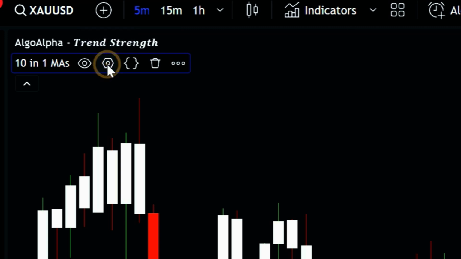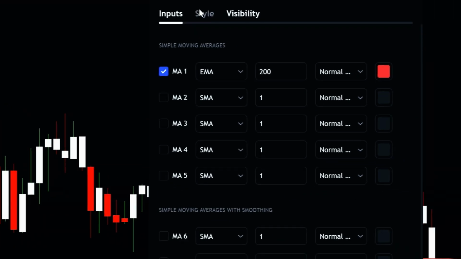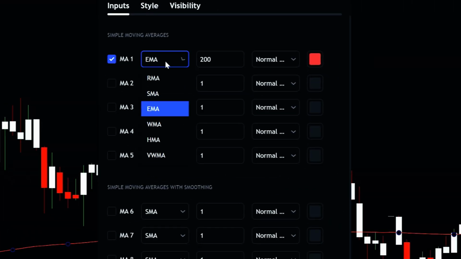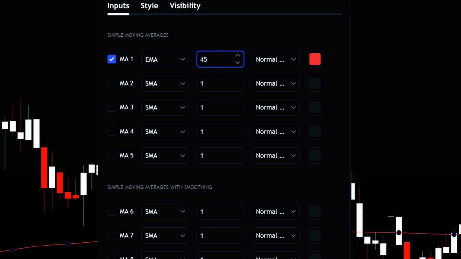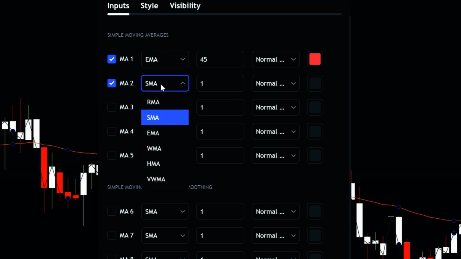Here's how. First, crank the first one up to EMA 21. Next, switch the second one to EMA 90.